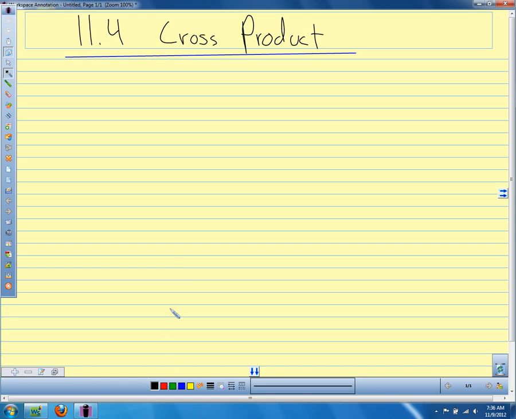We're talking about the cross product today, but I wanted to do a quick little proof that has to do with the dot product, and this is a proof without words. So this is a very nice little proof.